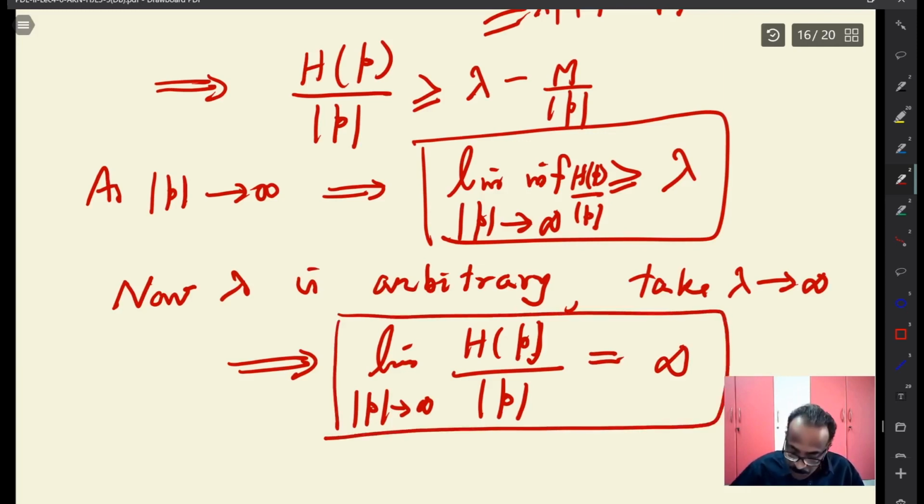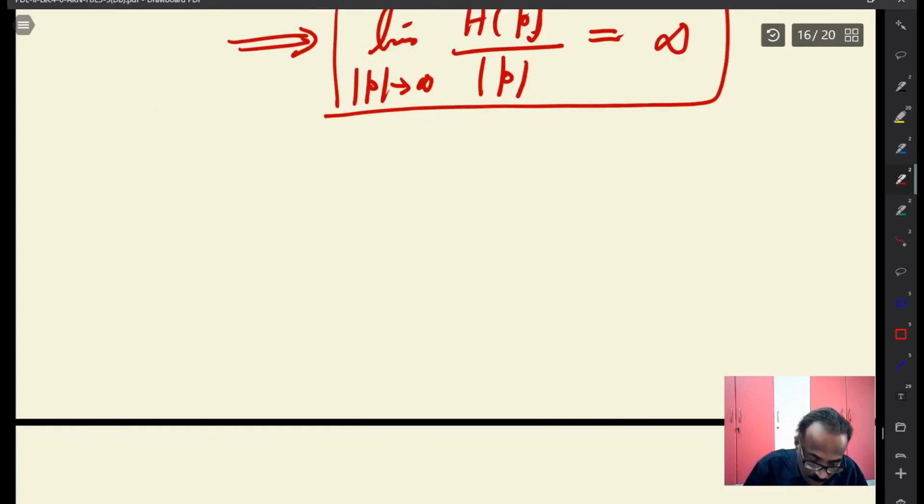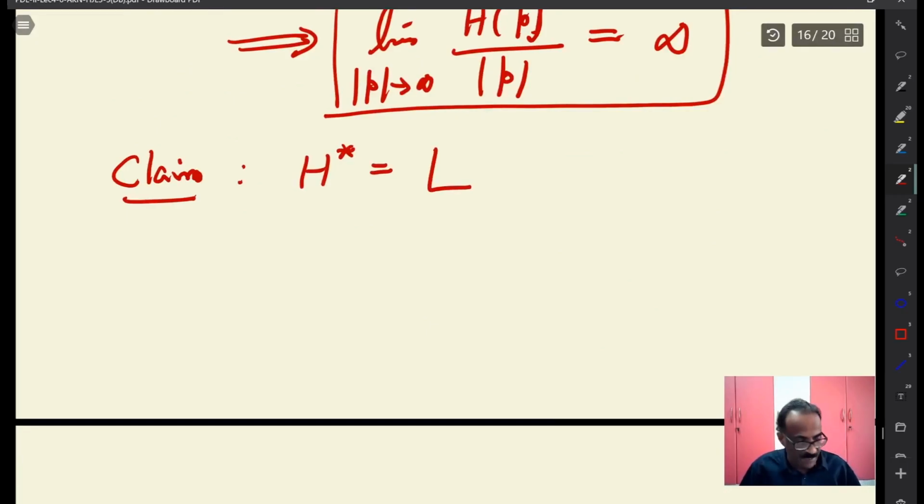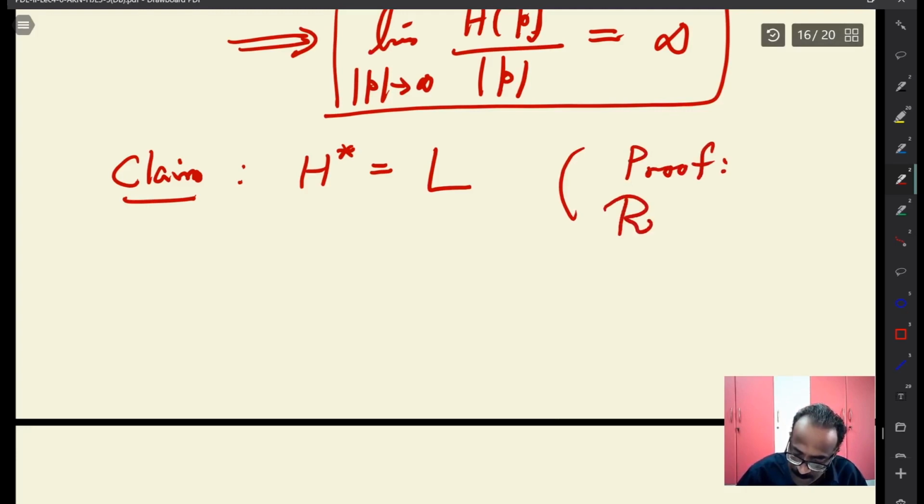Now you have to prove the main claim, that H star is equal to L. Since it may take some time, maybe I will skip the proof. Refer to the book, the proof is not difficult.